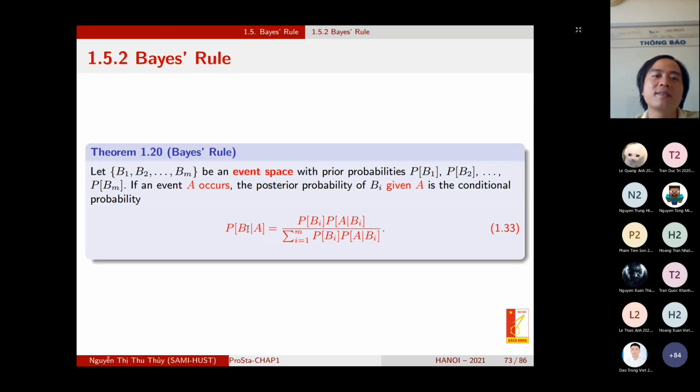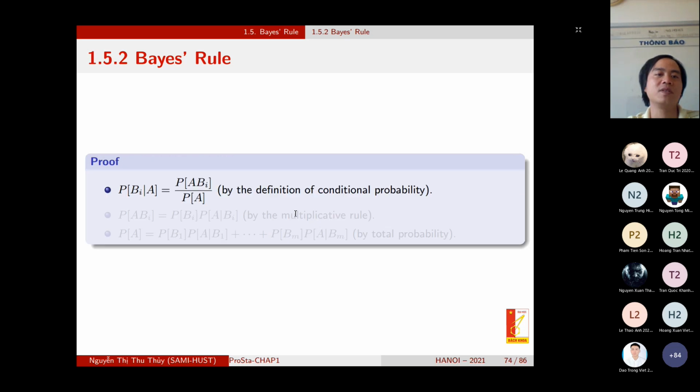So if we put all the B1 given A, B2 given A together, you have another partition of A. The proof is very easy, so you can read it at home.